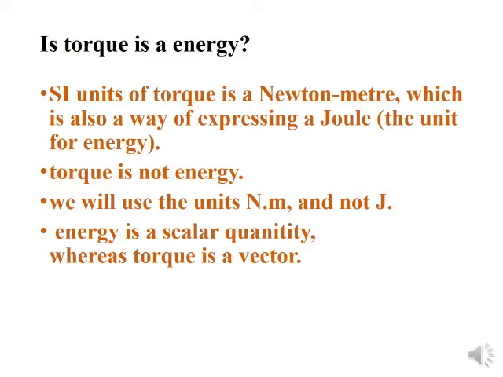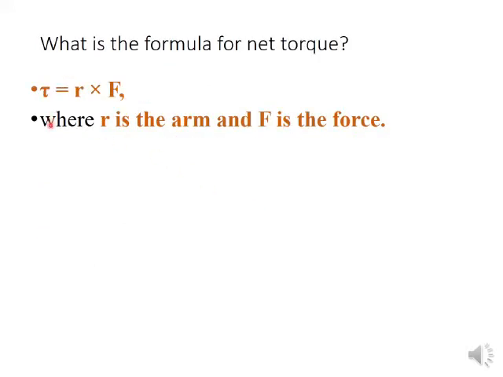Energy is a scalar quantity, whereas torque is a vector quantity. Mathematical form of torque is tau equals r cross F, where r is the moment arm and F is the force. Remember, r, torque, and F are all vector quantities.